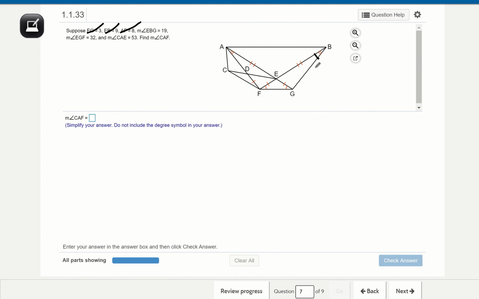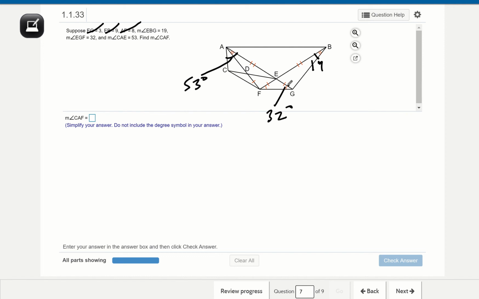EGF is 32, so this right here is 32 degrees. CAE is 53. So that means that this entire angle is 53 degrees.